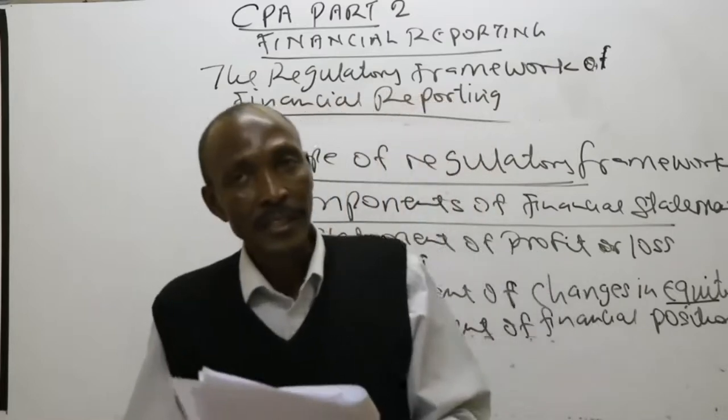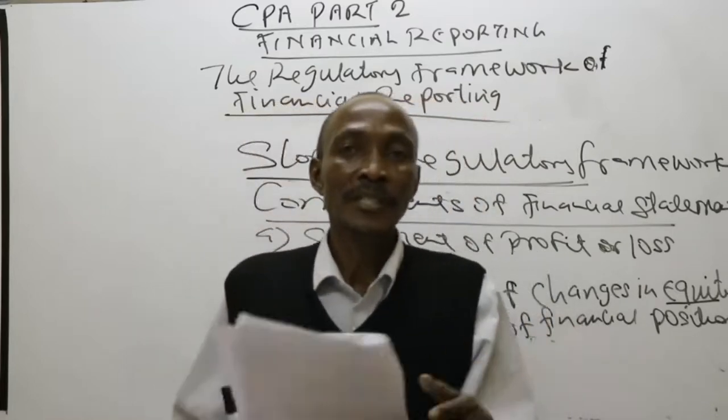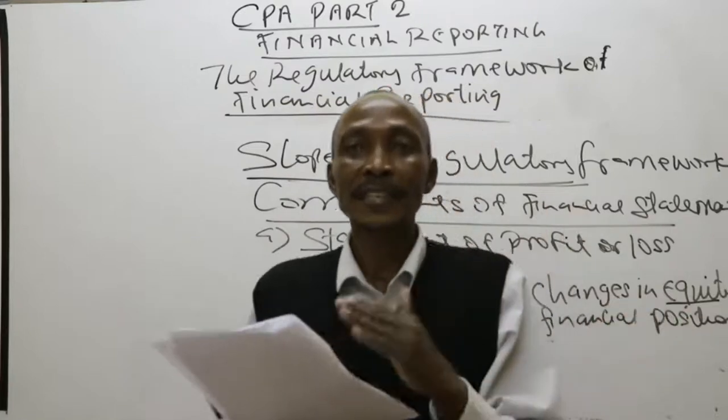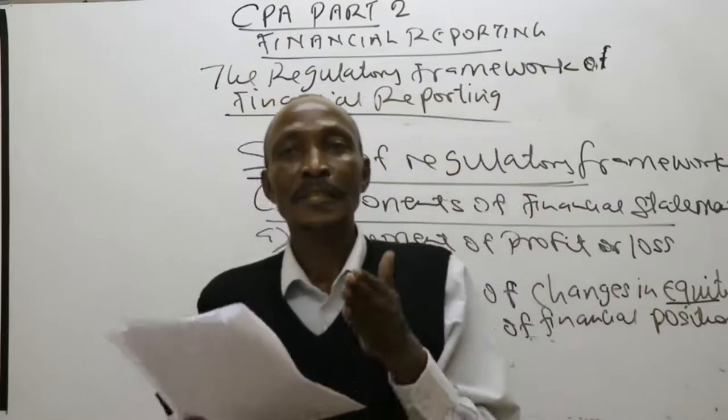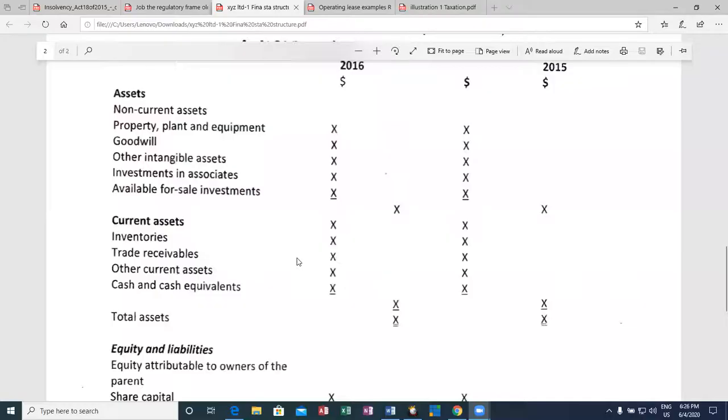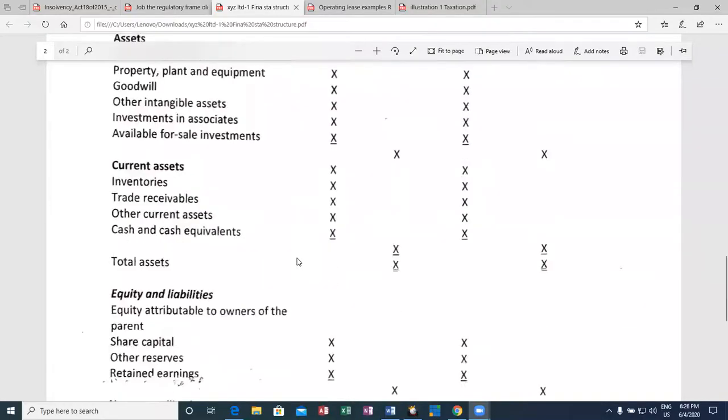What follows is the other side of the accounting equation. You are taught in financial accounting that the statement of financial position is presented on the basis of what? The accounting equation. What was the accounting equation? Assets on one hand equal equity and liabilities on the other hand.